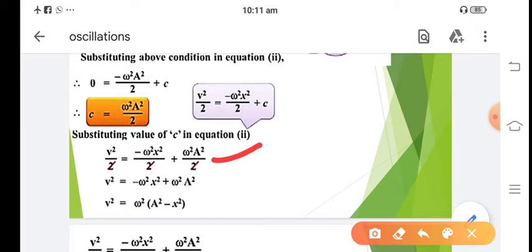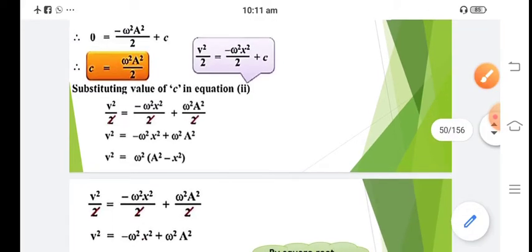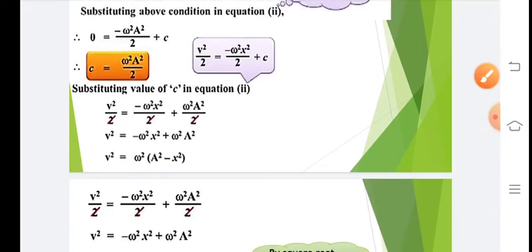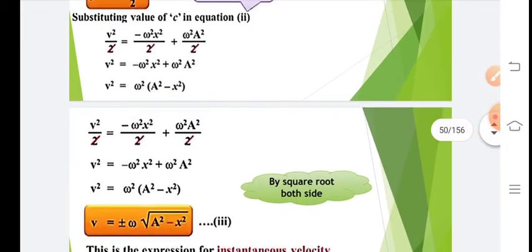So the 2 gets cancelled, and the equation becomes v square is equal to minus omega square x square plus omega square a square, or v square is equal to, taking omega square as common factor, omega square into bracket a square minus x square.